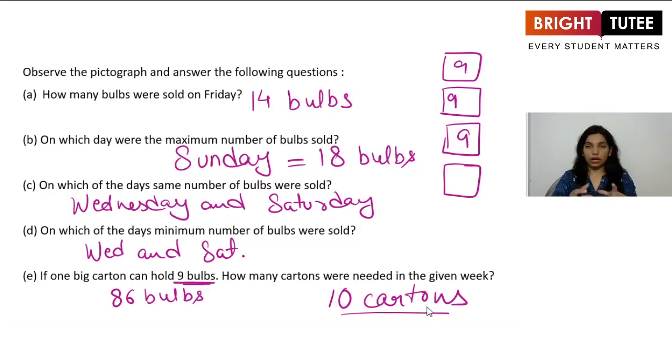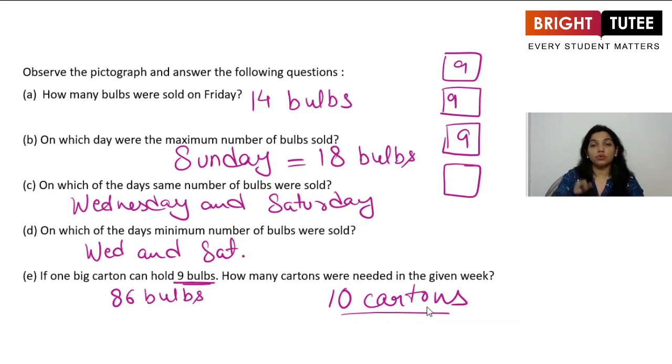We put one carton, we put 9 bulbs in it. Okay, 9 are done. Then we put another carton, we put 9 more bulbs. Total 18 bulbs are put in the cartons. 2 cartons, 18 bulbs. Now 3 cartons, 27 bulbs. So we are basically doing the 9 times table, and each carton comprises 9 bulbs.